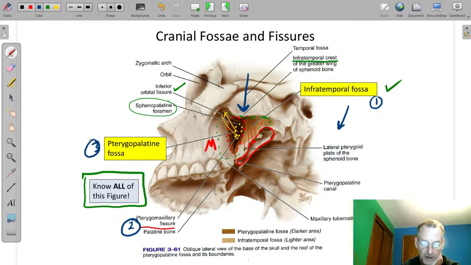If you kept going with that pipe cleaner or the pointer through the pterygopalatine fossa, you would come to this sphenopalatine foramen. And you would pass through that. And once you pass through that sphenopalatine foramen, you would then be into the nasal cavity.